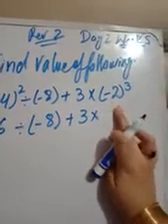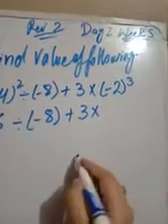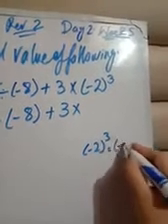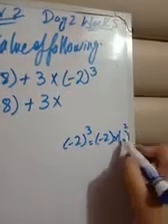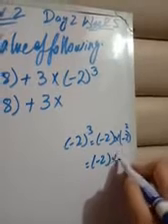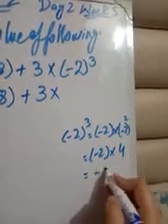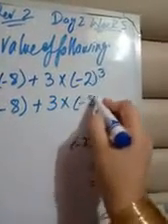As we learned, the cube is the product of a number by its square. So minus 2 as it is, 2 squared is a positive 4, and when we multiply them we get minus 8. So (-2)³ is negative 8.